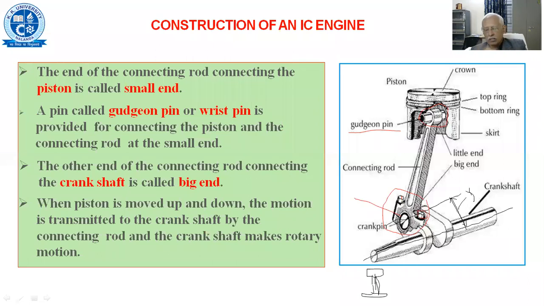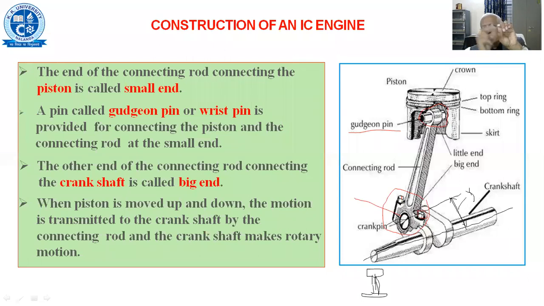Now I'll show you in the next slides. There's another component called a circlip. That will arrest the lateral movement of the pin. Suppose this is the piston, the pin goes in and we fix it there. It can rotate, but not move horizontally like this. In order to arrest that movement, on one side we have what is called a circlip.